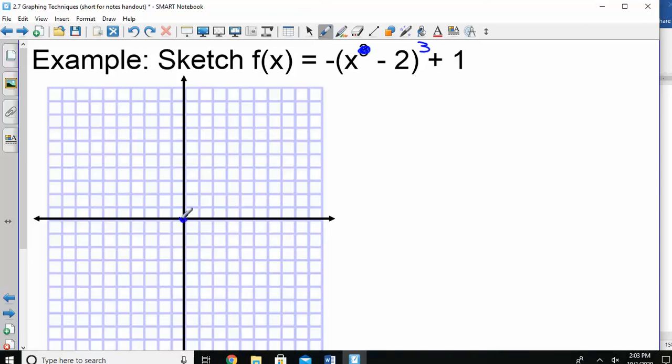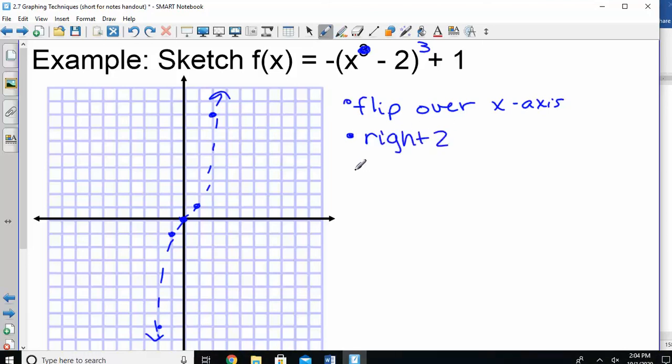X cubed, the chair. 0, 0, 1, 1, 2, 8, negative 1, 1, negative 2, negative 8. So, what's the negative on the outside do? Flip over the x. What's the minus 2? And the plus 1?